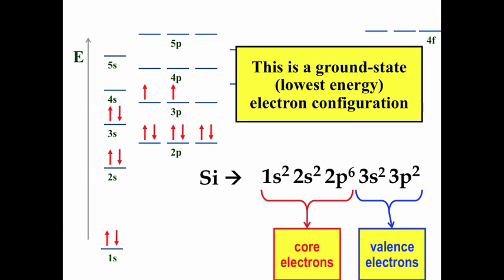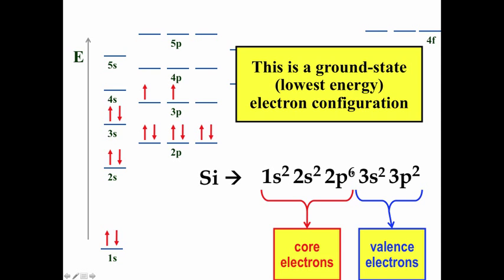Note that this is what's called a ground state or lowest energy electron configuration. An atom of silicon could have a different electron configuration where an electron, let's say one of the 2p electrons, absorbed energy from some outside source and was bumped up to a higher energy level, like maybe the 3p or the 4s or something higher, and it would have the same total number of electrons, but it might be 1s2, 2s2, 2p5, 3s2, 3p3.